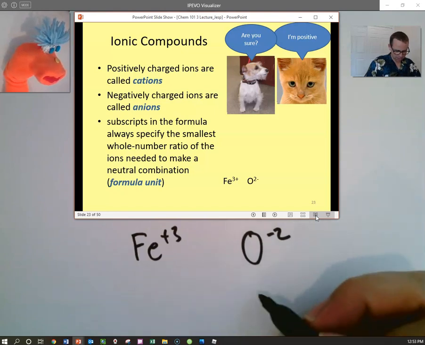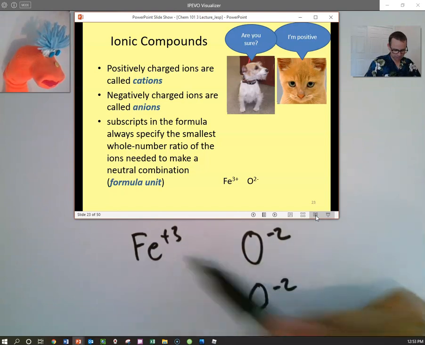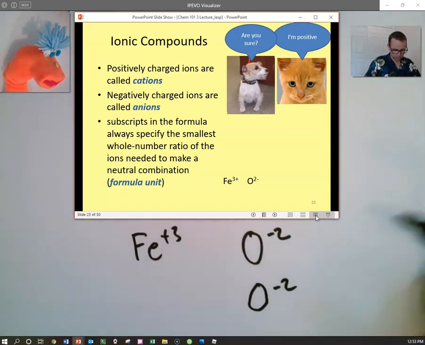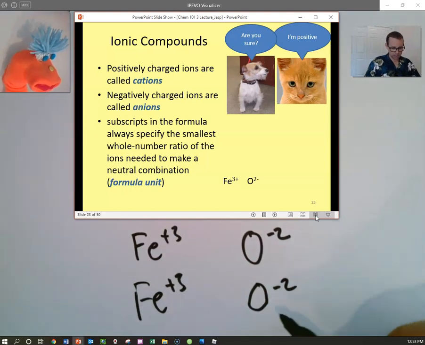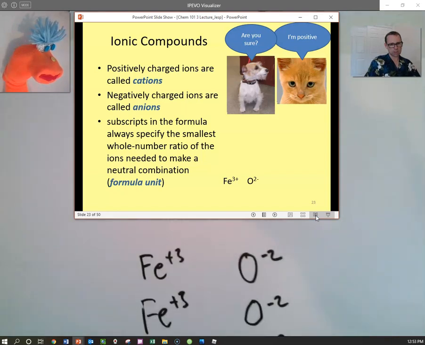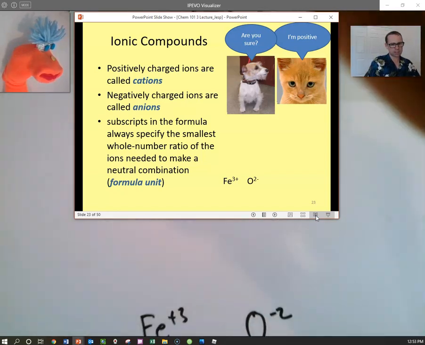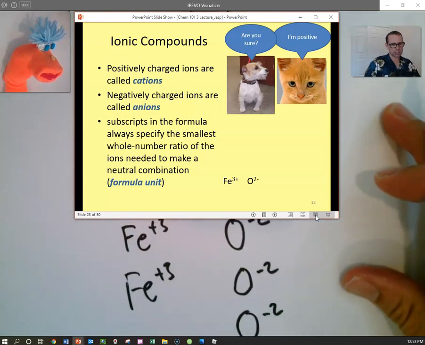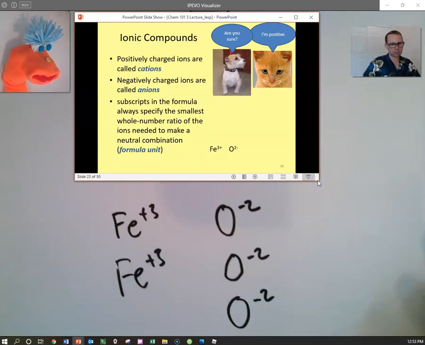So I'm going to have another oxide ion, but when I do that, I realize that now I've lost 3 and gained 4, so I'm going to need another iron ion, and then another oxide ion. By looking at my starting ions, I can see how many of each I need to come together to form a compound.